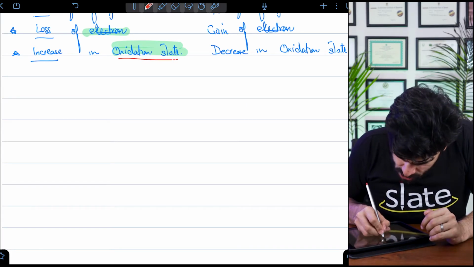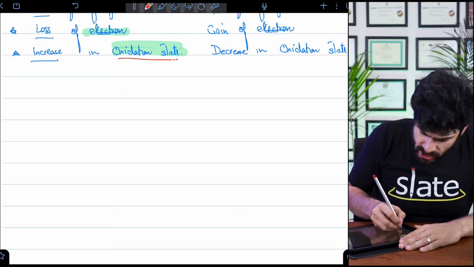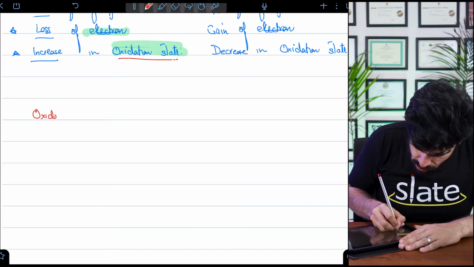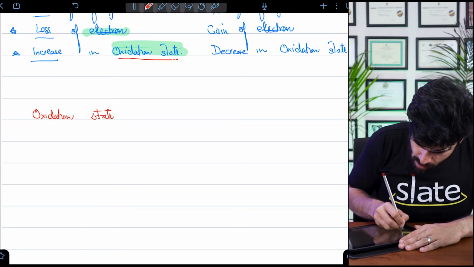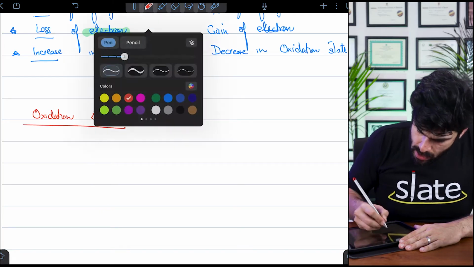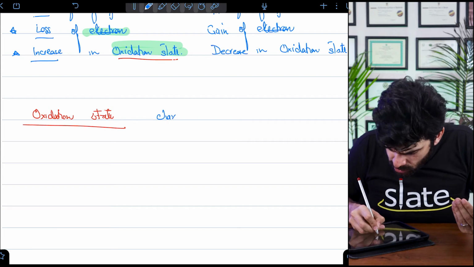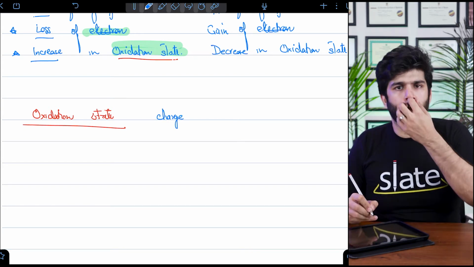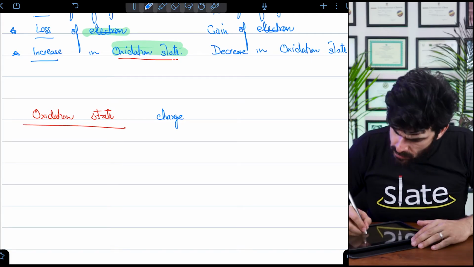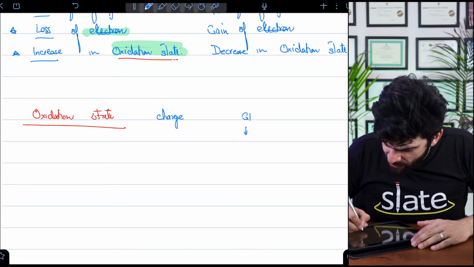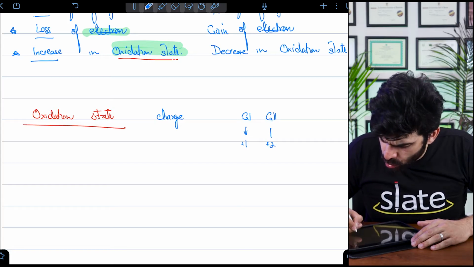What exactly is the oxidation state, students? When we talk about oxidation state, in easy words, if I have to tell you, oxidation state is the charge. For example, recall from the periodic table, group 1 will have a +1 charge. Group 2, +2.